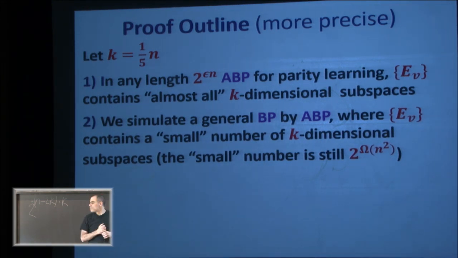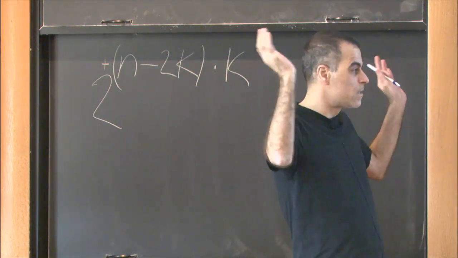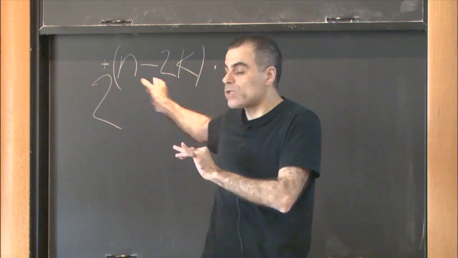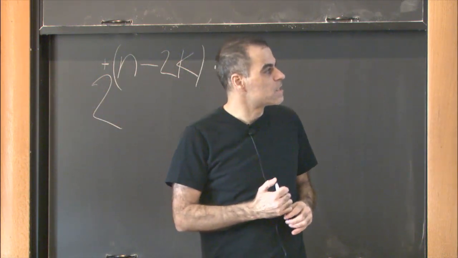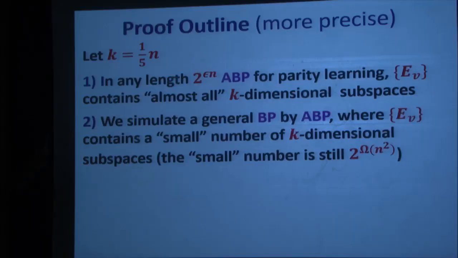By small here, I mean more or less 2 to the half n times k, or 2 to the half n plus epsilon times k. It will not be really small, it will still be 2 to the omega n square, but compared to the bound that we have here, it will be relatively small.